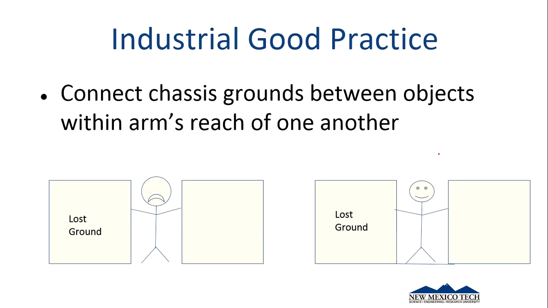Another thing I wanted to point out was a good industrial practice: anytime you've got two pieces of equipment that are within arm's reach of each other, you want to have their grounds tied together if possible. There are some exceptions to that, but that's generally a good practice. The reason being, suppose something popped loose here and you lost your ground here.